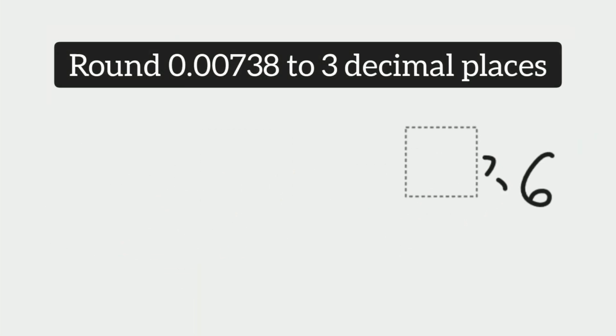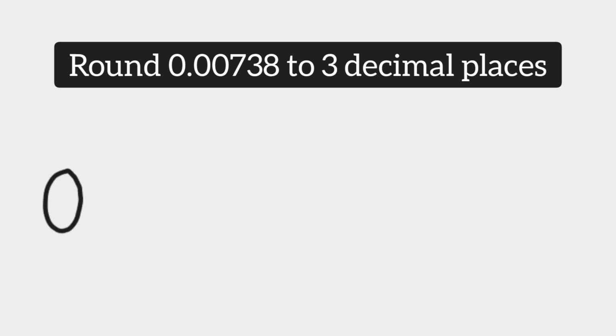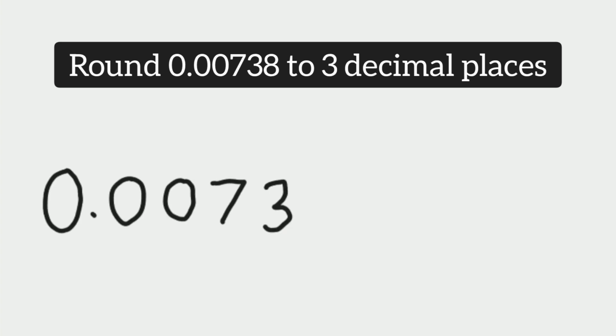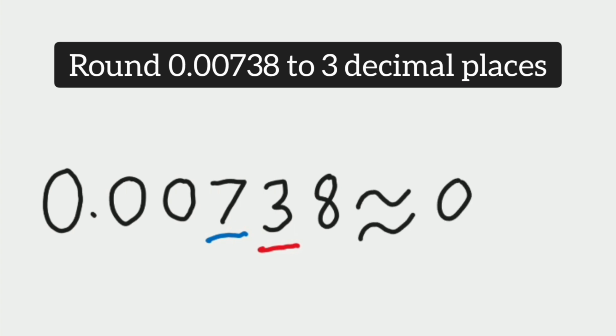What if we want to round off 0.00738 to 3 decimal places? Well, the third decimal place is 7, and the digit right next to it is 3, which is less than 5. This means we leave the third decimal place as it is, and therefore the answer is 0.007.